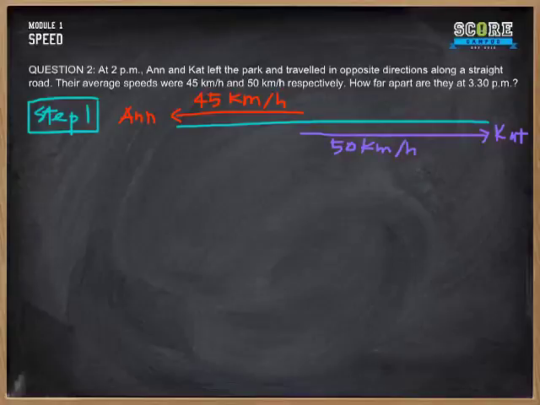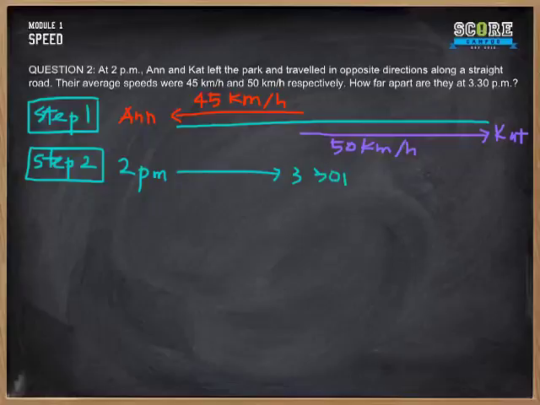Okay, now let's move on to step 2. Let's look at the total time traveled. We are interested in finding out how far apart they are at 3:30 p.m. and they started the journey at 2 p.m. So from 2 p.m. to 3:30 p.m., what is the time lapse? It's 1 hour 30 minutes, which is 1.5 hours.